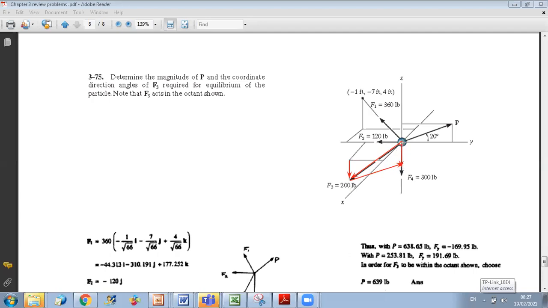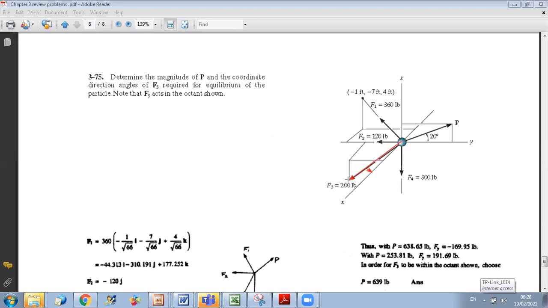You will always go from the origin. If you want the projection, if you draw this triangle here, if you have a vector, F3 is not going along X. Of course it's not going along X. Look, you have a certain angle with X. It's going from the origin towards a certain point.